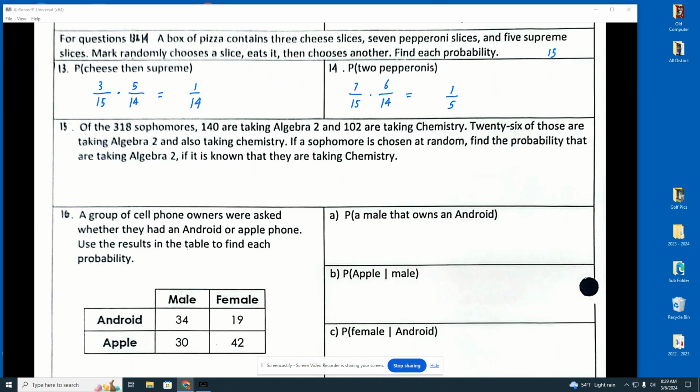Okay. Of the 318 sophomores, 140 are taking Algebra 2, and 102 are taking Chemistry. So there's my 2 things. I got my 2 circles, and my 2 circles include both Algebra 2 and Chemistry. All right? It says 26 are taking both of those. So I'm going to put 26 right smack dab in the middle.